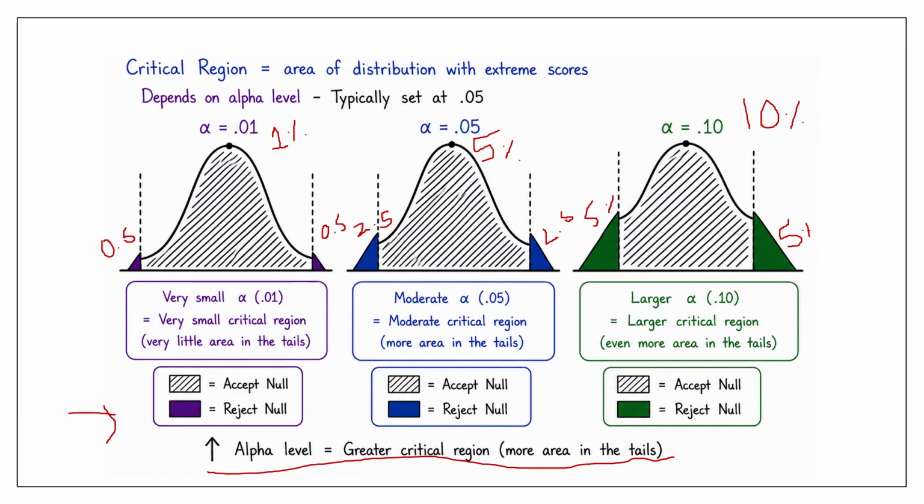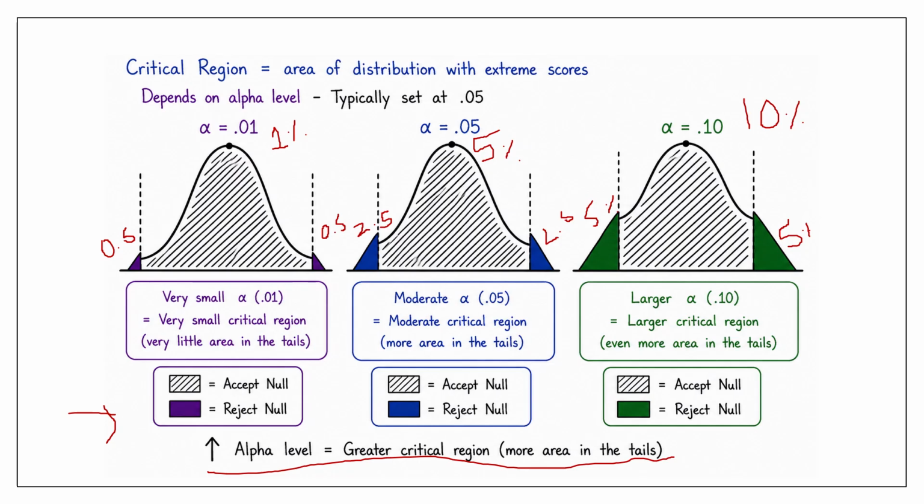If the mean is doing a good job at representing those scores, then it belongs to the same population and there's no real difference. But if it belongs to the areas that we have labeled as extreme, then we're going to reject the null hypothesis because those extreme scores are not represented very well by the mean, and they're more likely to belong to a different distribution.